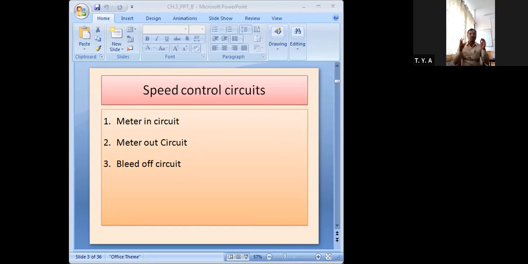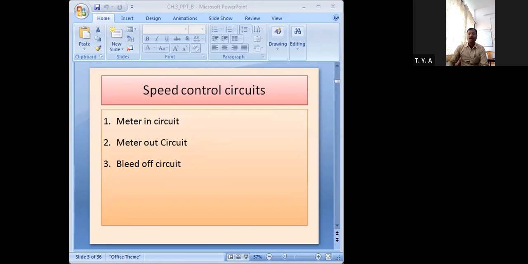The location of the flow control valve has some influence on the characteristics of the circuit performance. There are three basic types of locations of the flow control valve, that is the speed control valve, in any hydraulic circuit: one is the meter in circuit, meter out circuit, and bleed off circuit.